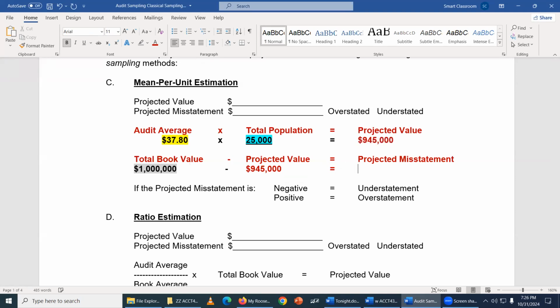Equals our projected misstatement, which is 55,000.